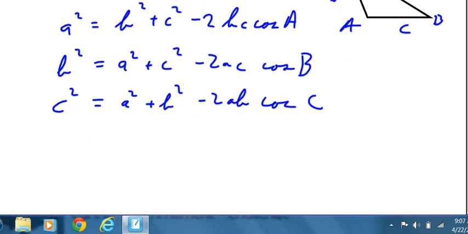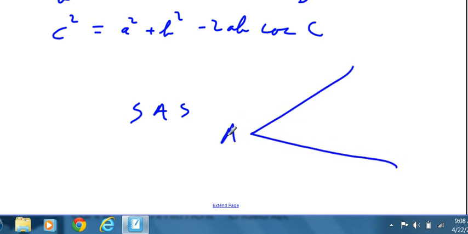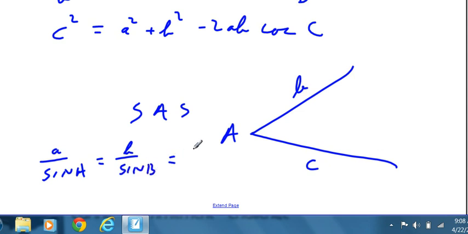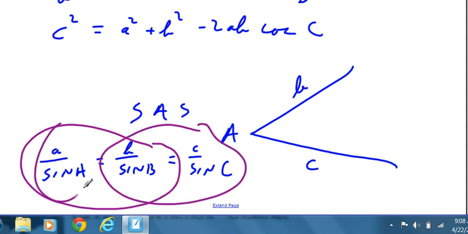So when I have a situation where I know side-angle-side, so I've got two sides and the angle between them, so I know A, and I know little b, and I know little c, I can't use the law of sines, which says a over sine A is equal to b over sine B is equal to c over sine C. No matter what I do, I have one equation, two unknowns.